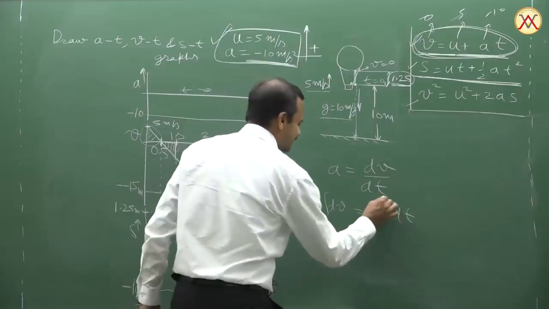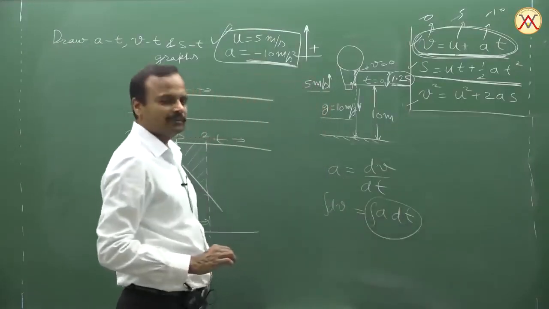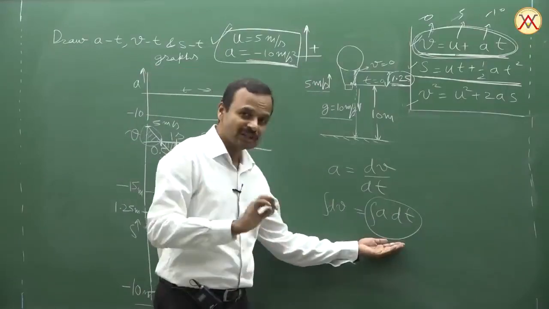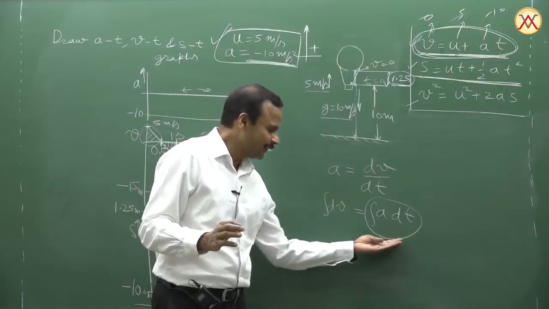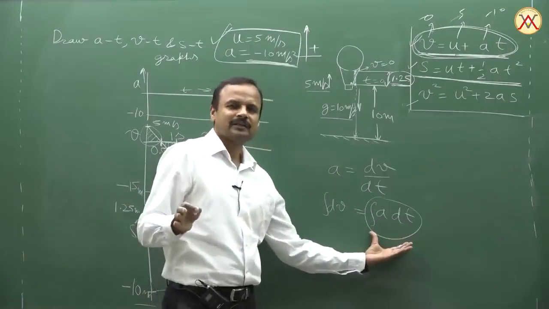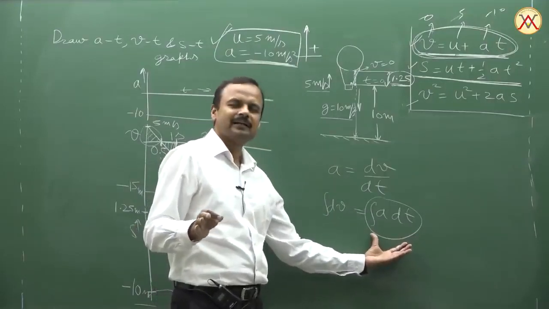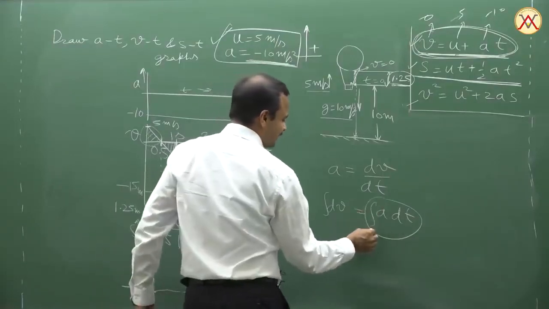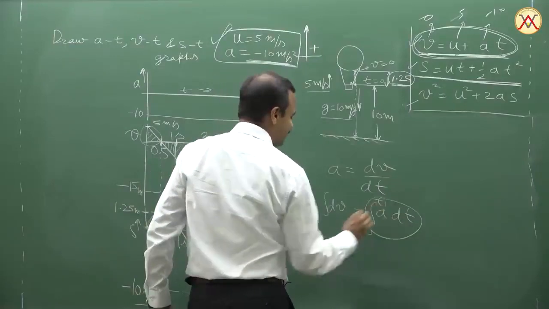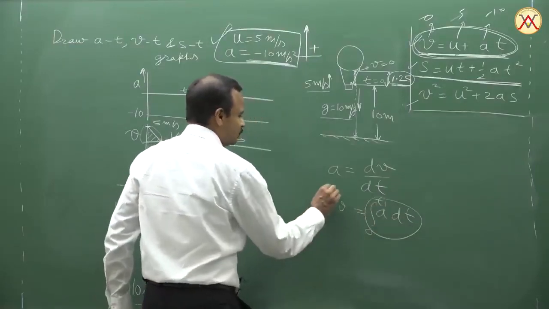This is the area under the acceleration time graph. I am taking a general case. Even when acceleration is not constant, you can find this integral by the area under the graph. Alright, and you will of course put some limits, let us say initial limit 0 to some time t1 and initial velocity u to v.